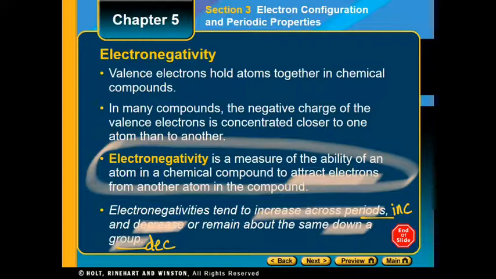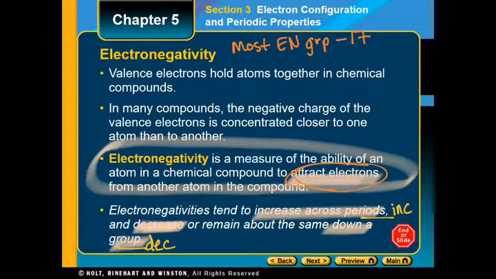For our electronegativities, I do want you to add a couple of things here. Your most electronegative group is going to be group 17. Group 17, if you recall, they already have 7 valence electrons and they just need 1 more electron to get to a stable 8, so they have a high attraction for electrons. Whereas your least electronegative group is going to be group 18, because group 18, again, is already stable.